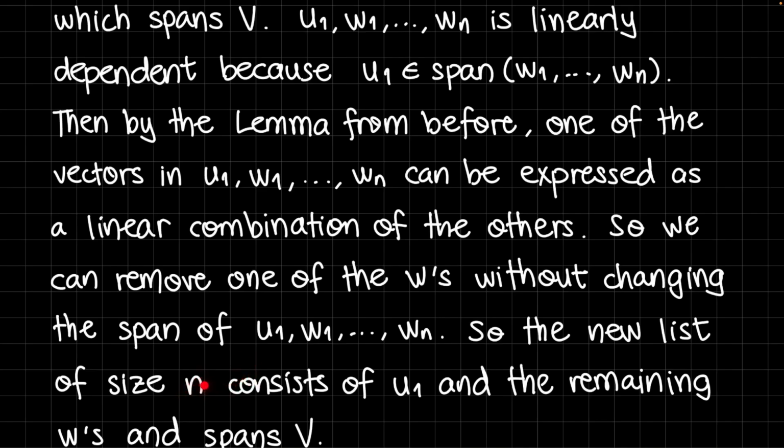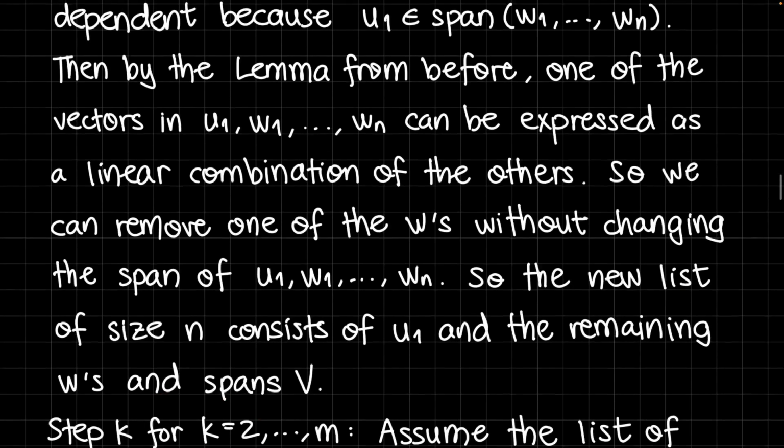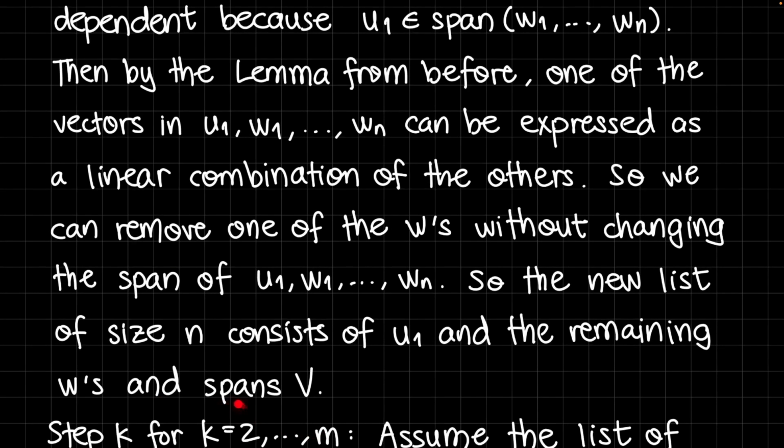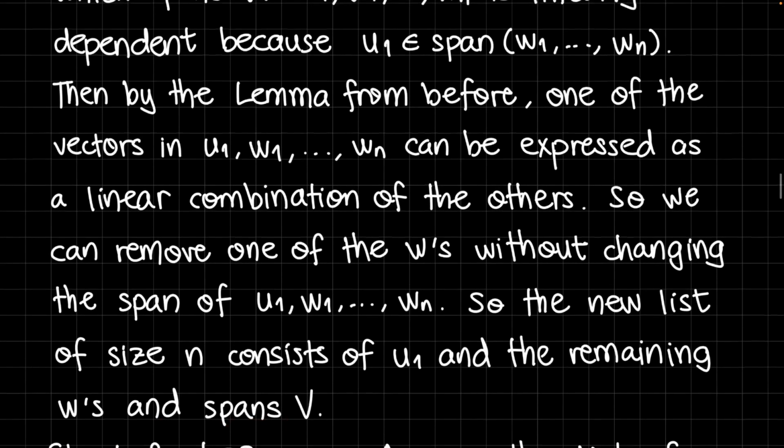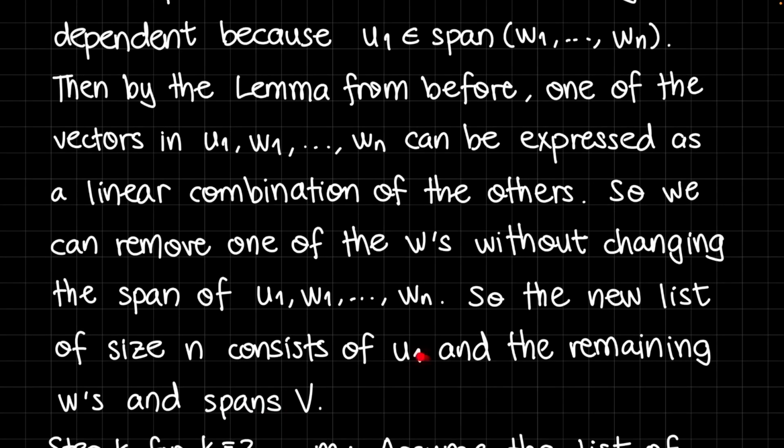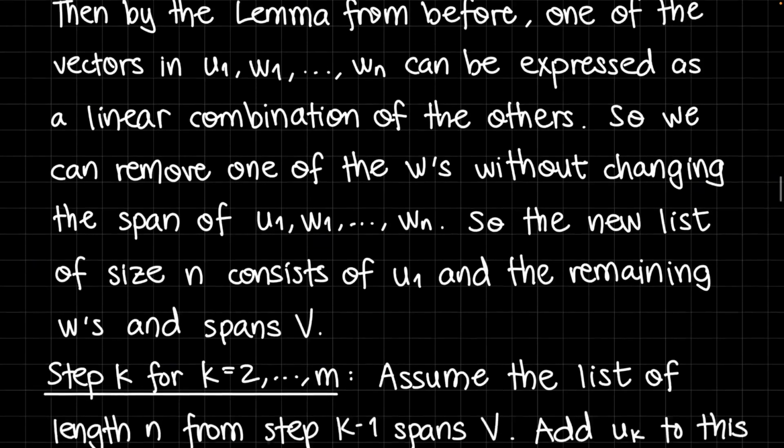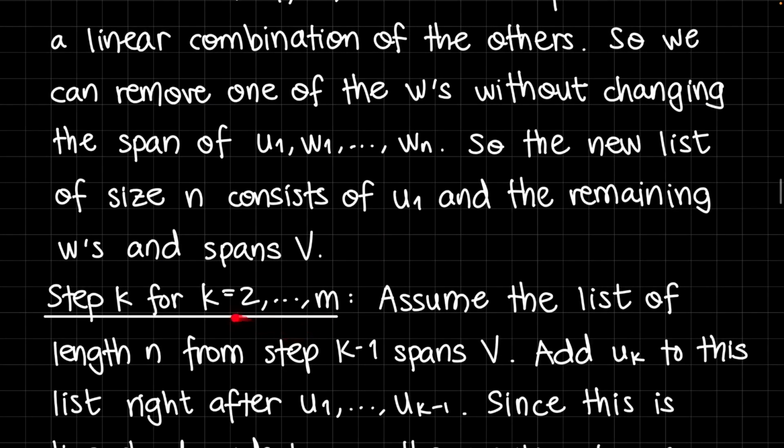The new list of size n consists of u1 and the remaining w's, and by the lemma still spans V. So we've removed a w, added a u, kept the list size the same, and also ensured that it is still a spanning list. Now, step k, where k equals 2 through m.